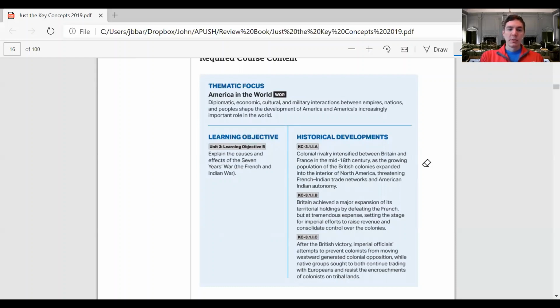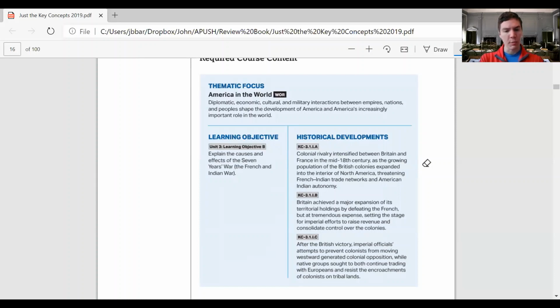This is basically going to lead to the French and the British increasing military presence in North America, and especially conflict over the land in the Ohio River Valley. So just past the Appalachian Mountains, who's going to control that land specifically?